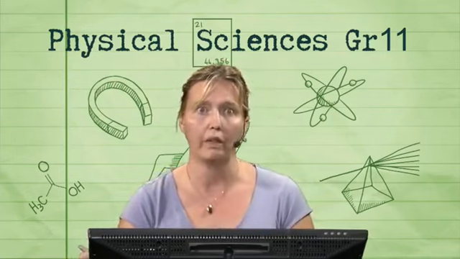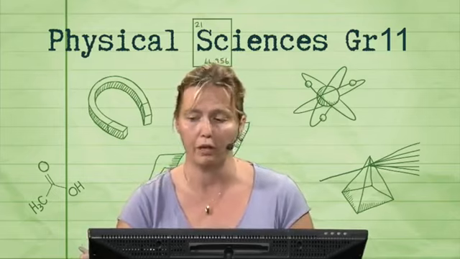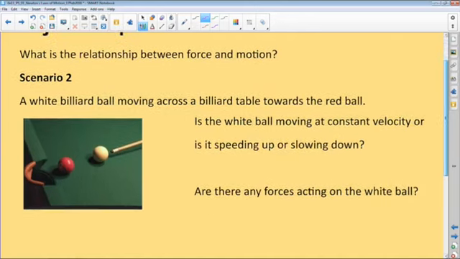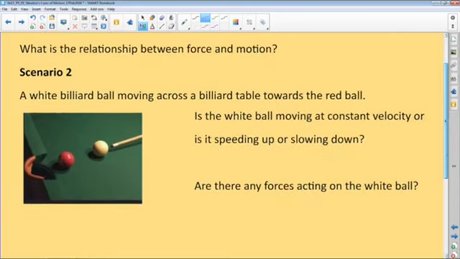Now we've got one where there is movement. So let's have a look at what I've got for you. Again, the question, what is the relationship between force and motion? And remember we said that another word for motion was movement. Okay, so what is the relationship between force and movement here? And this is the scenario that we've got. You have a white billiard ball or a white snooker ball moving across a billiard table towards the red ball.